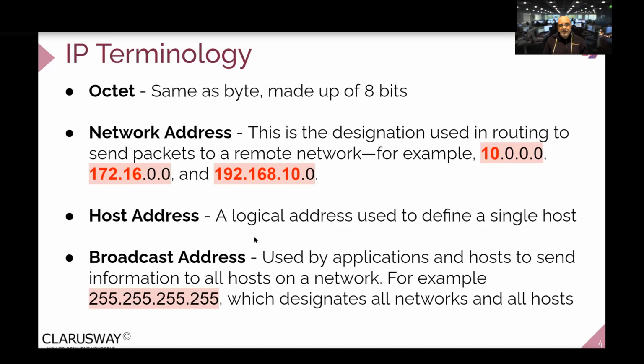Okay, and there's a specific way of designating that, which we'll talk about. But if I wanted to send flyers to everybody on Cedar Avenue, I could just give it to somebody and say, okay, can you drop these off to every house on Cedar Avenue? And they would do it. I don't need to specify any particular address. Okay. So these are some of the terms that we'll be using as we go through IP addressing.